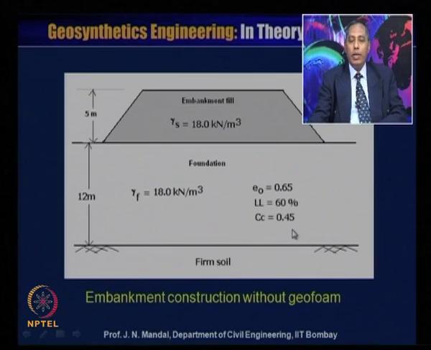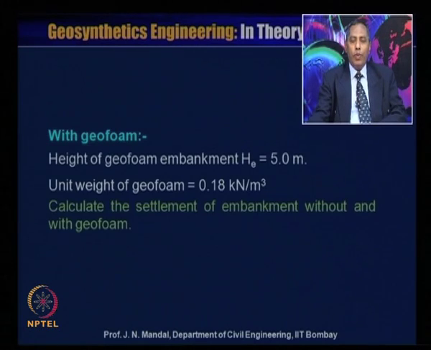and Cc value is equal to 0.45 and depth of the foundation 12 meter and the height of the embankment is 5 meter. So, with geofoam, height of the geofoam embankment He is 5 meter, unit weight of geofoam is 0.18 kilonewton per meter cube.